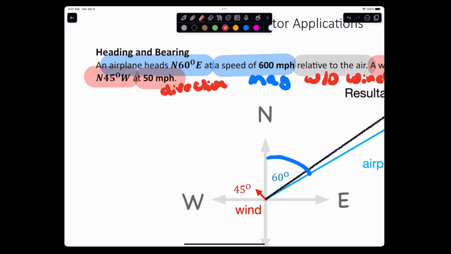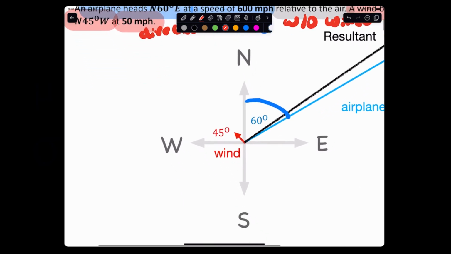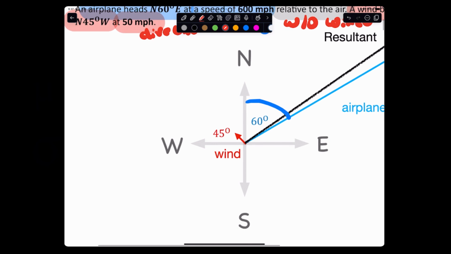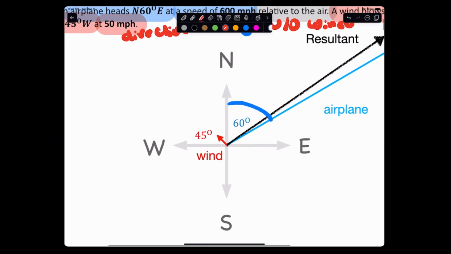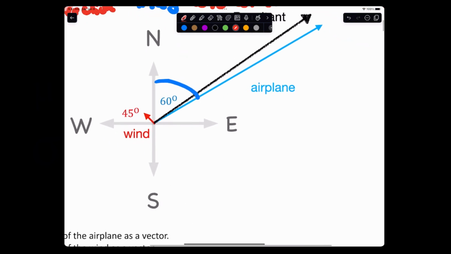So what I did here is draw another vector representing the wind. Now, if I could copy that vector, as long as it has that same magnitude and direction, the wind is blowing on your airplane vector in blue.